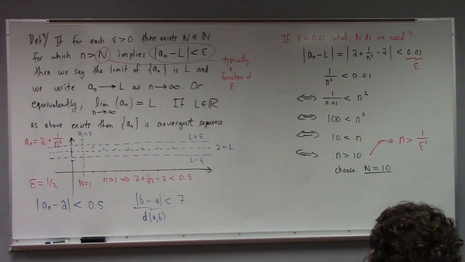Let epsilon be greater than 0. Choose big N equal to 1 over epsilon squared.